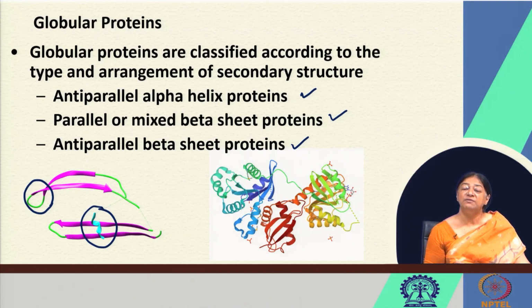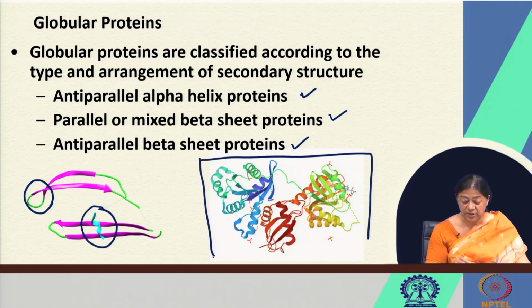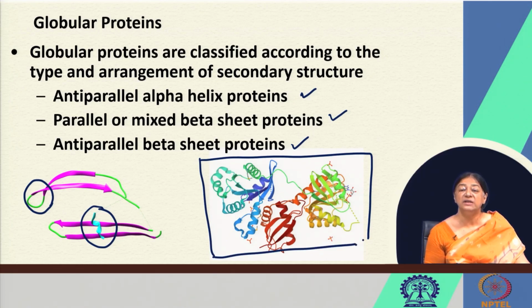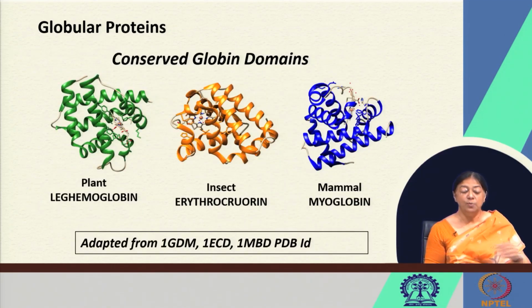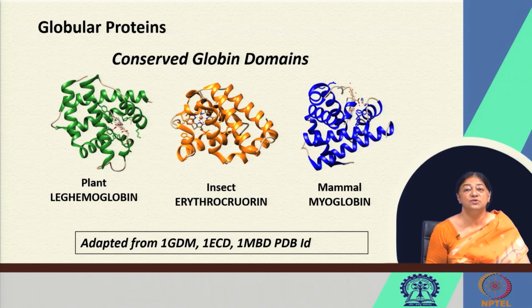We know that the alpha helix itself has hydrogen bonds between the residues that form the alpha helix. But what is the interaction that is actually forming this type of a structure, bringing the alpha helix and the beta sheet together?